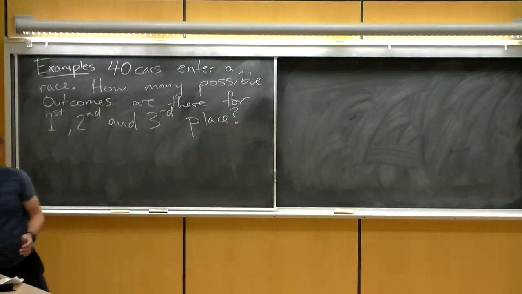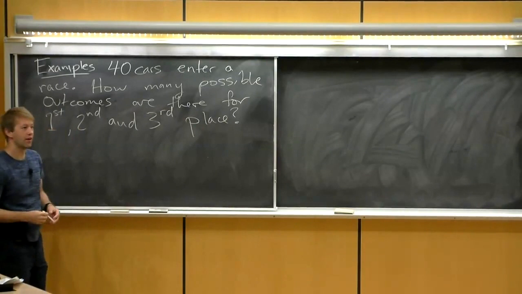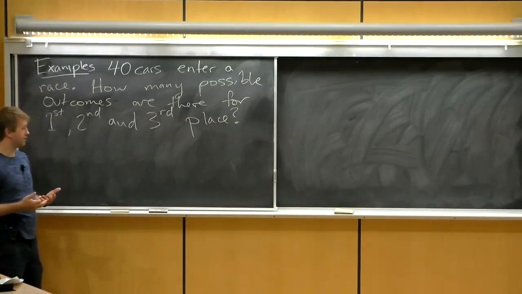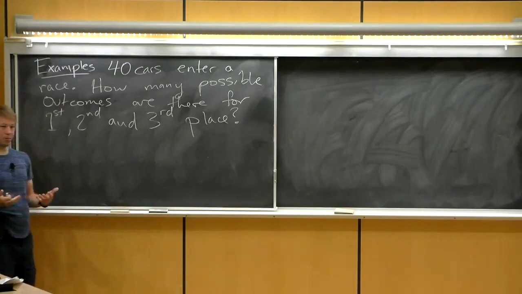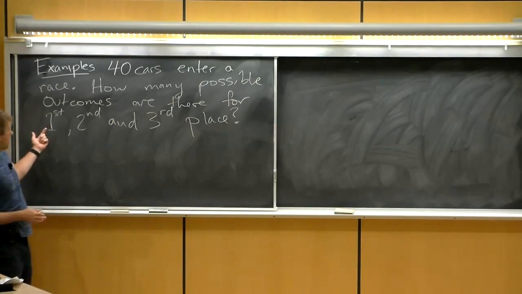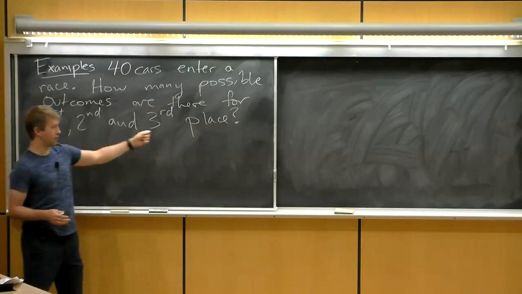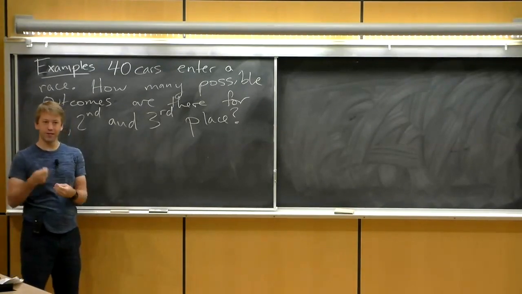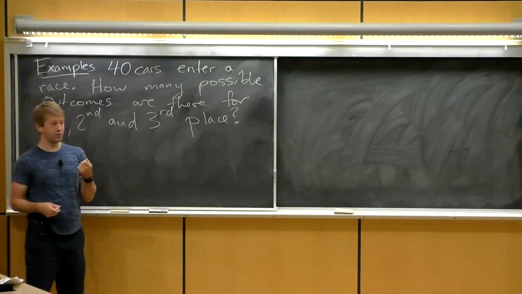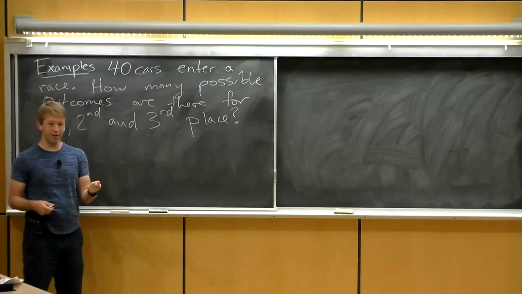So this is just an example of the multiplication principle, right? You can think of determining first, second, and third place as a process that has 3 steps, where the first step, you choose the car who's going to get first place.